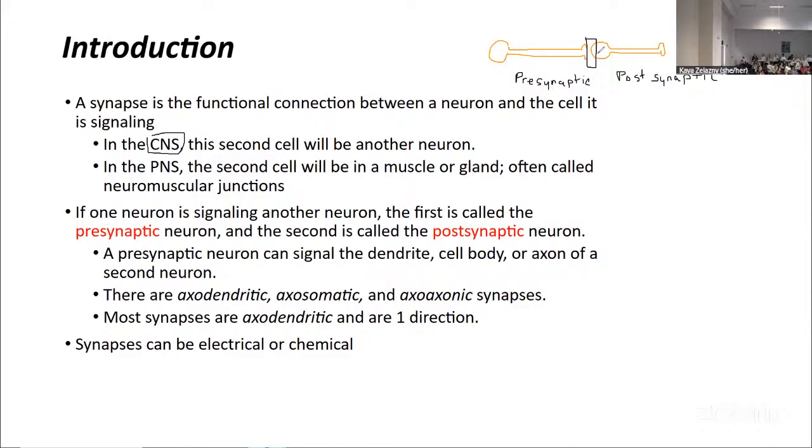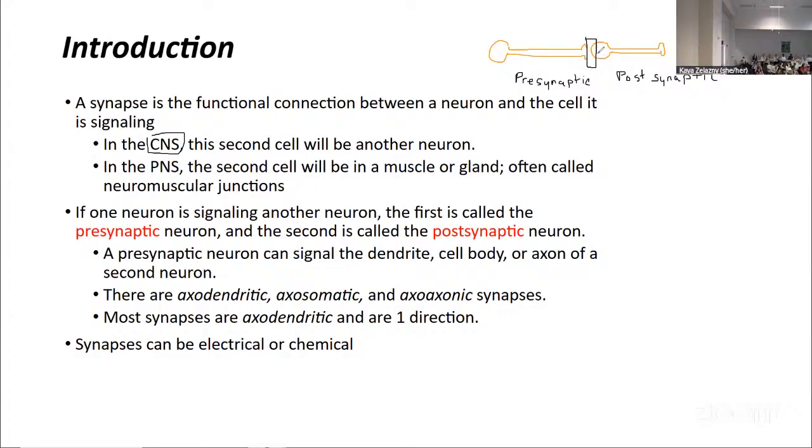They have dendrites, so specialized areas for receiving signals. So presynaptic neuron could go to a dendrite. Sometimes we'll see presynaptic neurons actually synapsing, creating this kind of connection onto the axon of the postsynaptic neuron. So that's possible too.